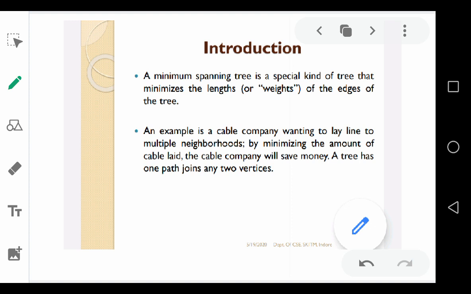Let me just revise what a spanning tree is. A spanning tree is a special kind of tree that minimizes the length or weight of the edges of the tree.